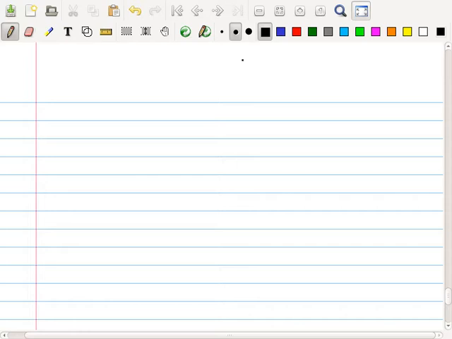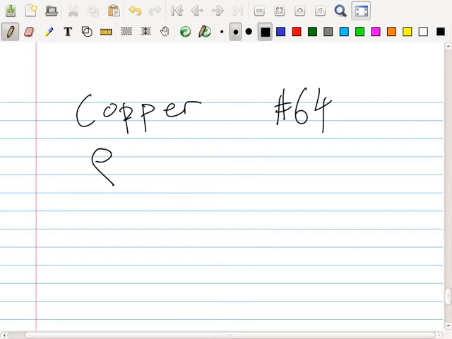Okay. Now, copper has atomic mass 64. For example, its density equals 9 grams per centimeter cubed.